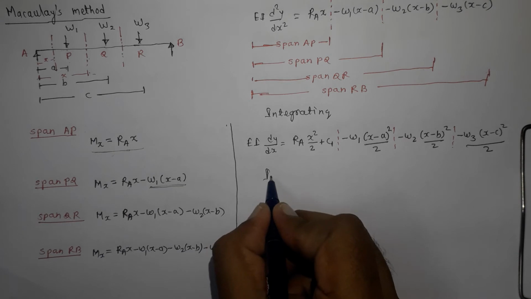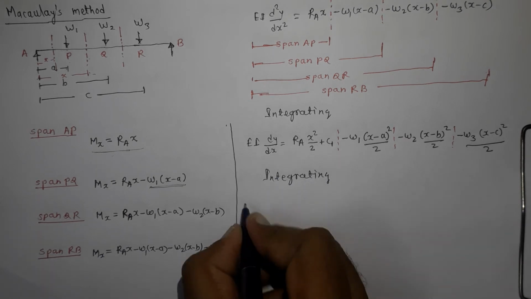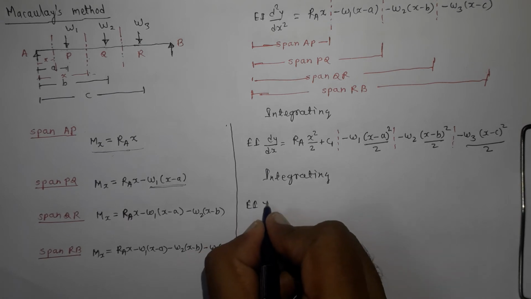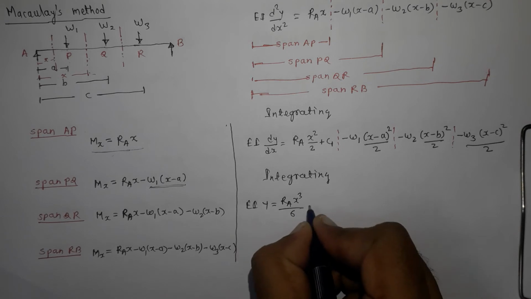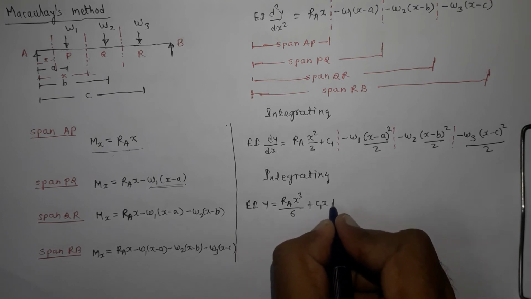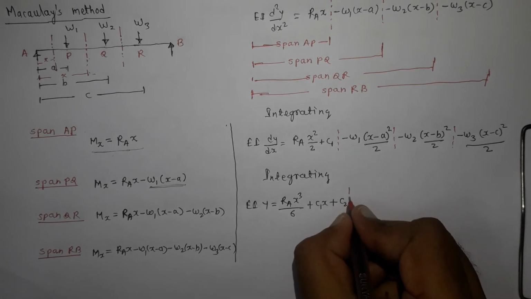Integrating again, we get EI into y is equal to RA into x cube divided by 6 plus C1 x, plus a second constant of integration, which should also be written in the first partition only.